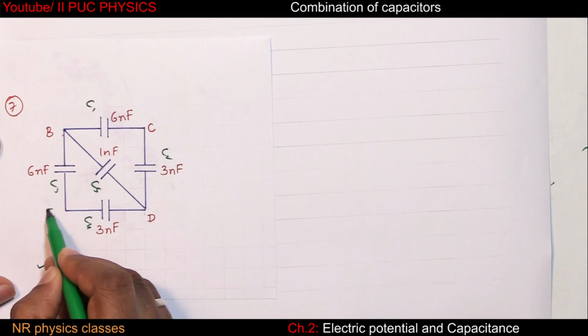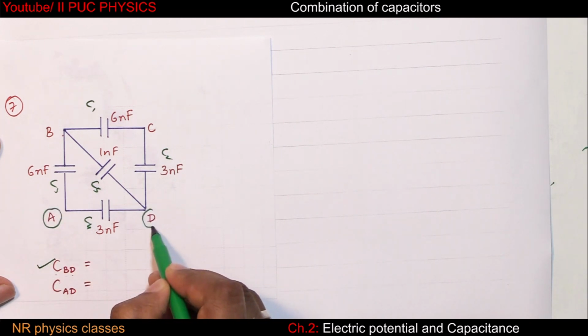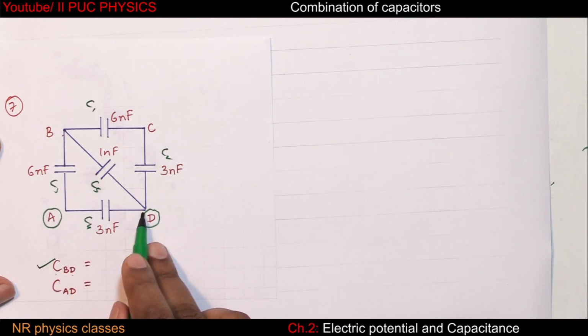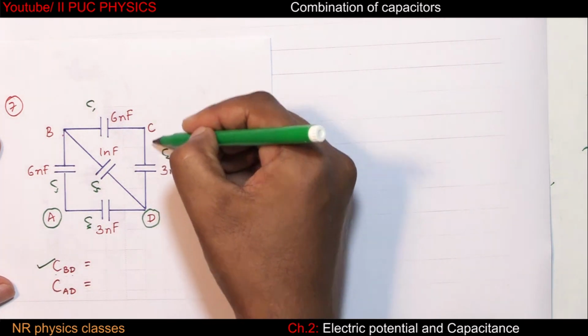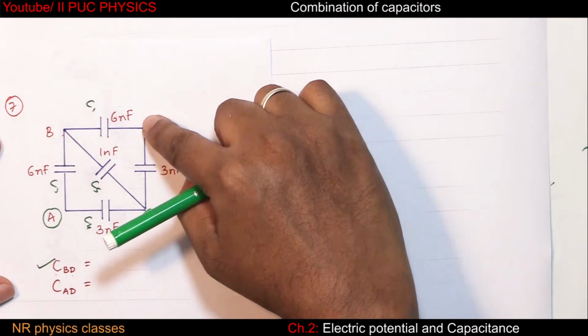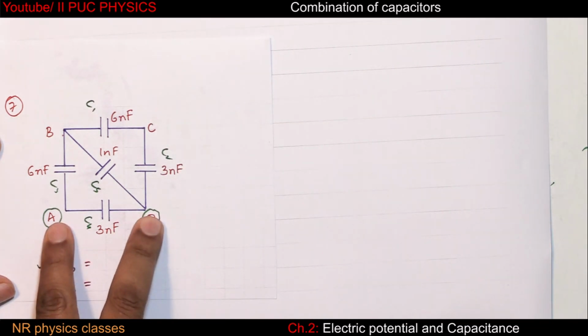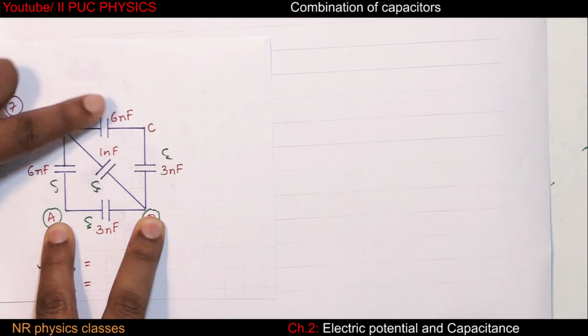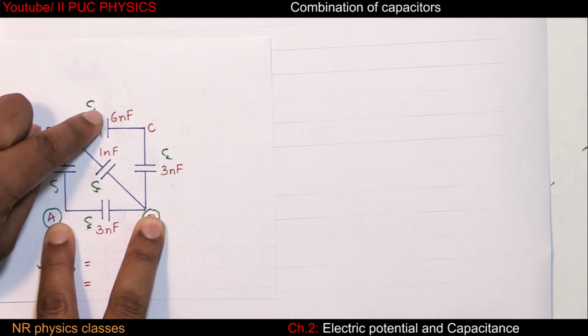Now A is here, D is here. To solve CAD, let us consider these two. So let us start from the far end. These two are in series, means C1, C2 in series.